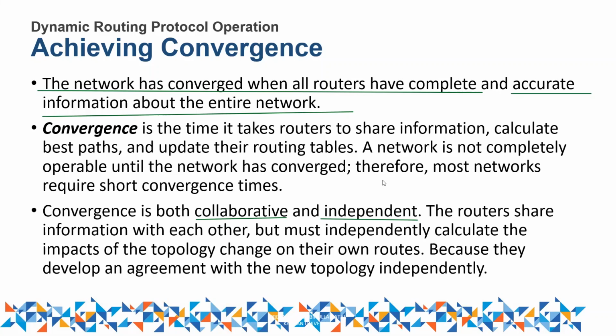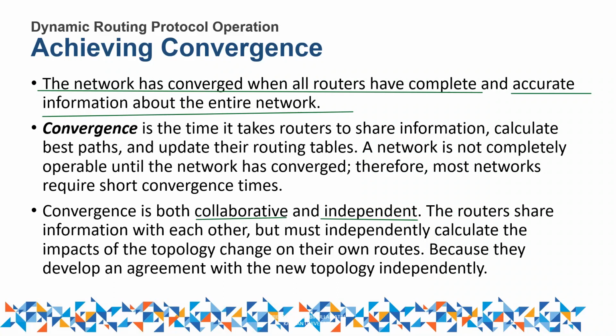Sir, could you clarify collaborative and independent by diagram? Okay, collaborative means the convergence process is done together, and independent means individually. Like before, there were 3 routers. How did these routers learn each other? Because every router shares information with each other. Let's suppose router 1 was willing to share information, but router 2 was not willing to share information, then was convergence possible? No. Convergence was not possible because one router is not sharing information.